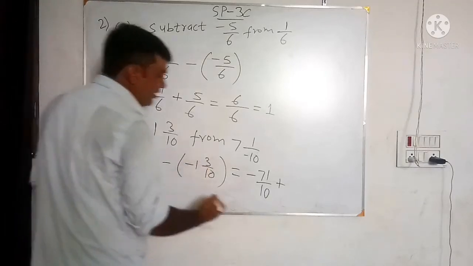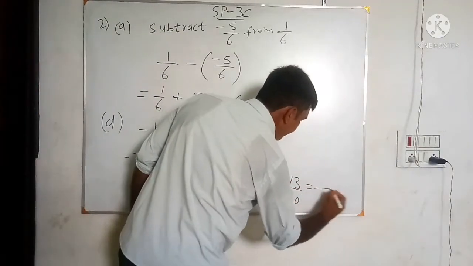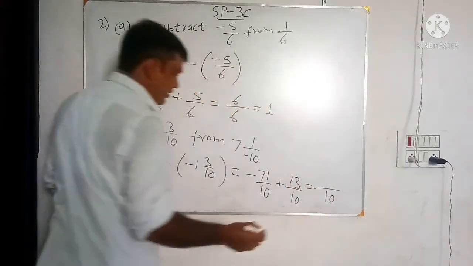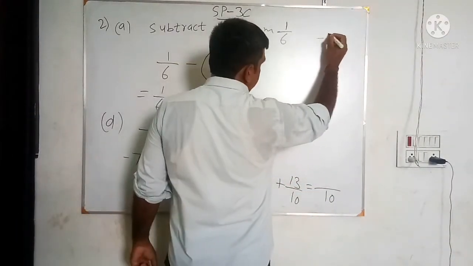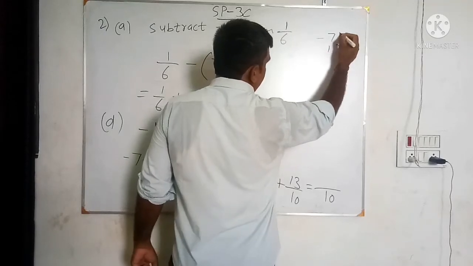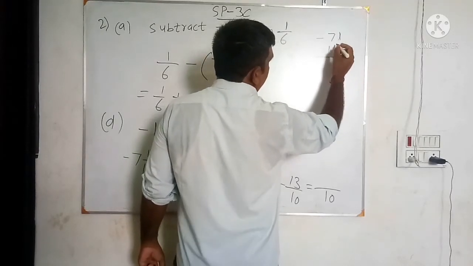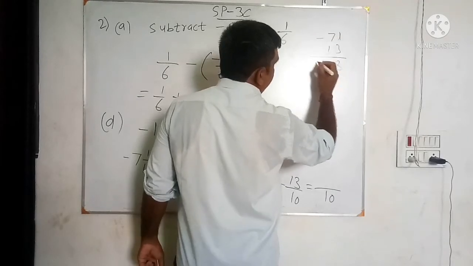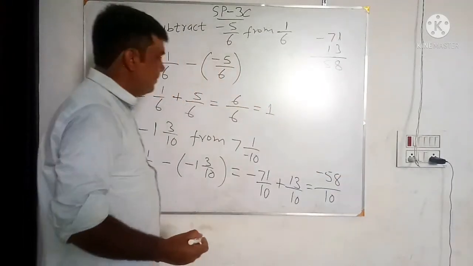10 1s are 10 plus 3 is 13 by 10. Now take the denominator common, 10. Add the numerators, so minus 71 plus 13. 71 minus 13 gives you 58, so minus 58 by 10.